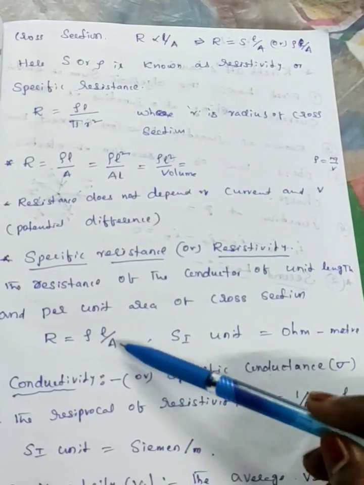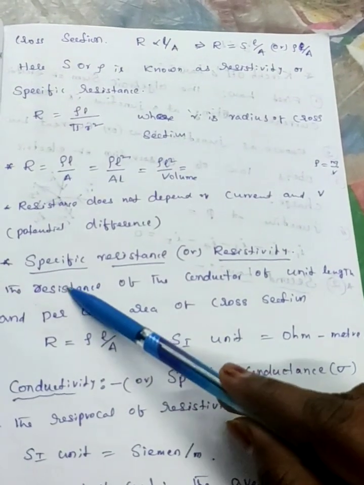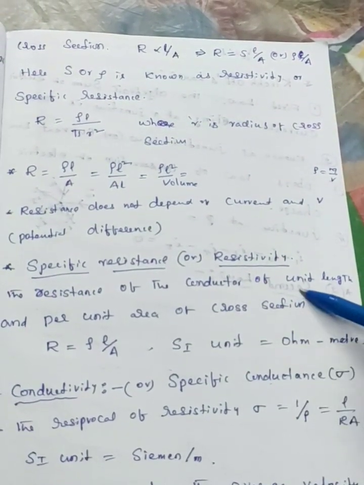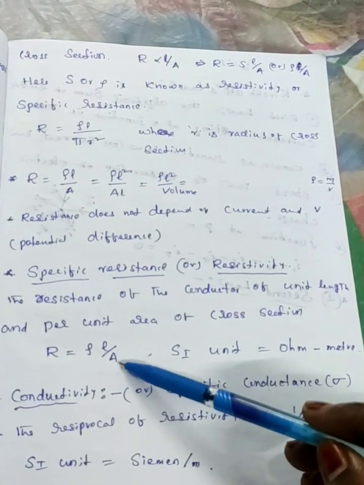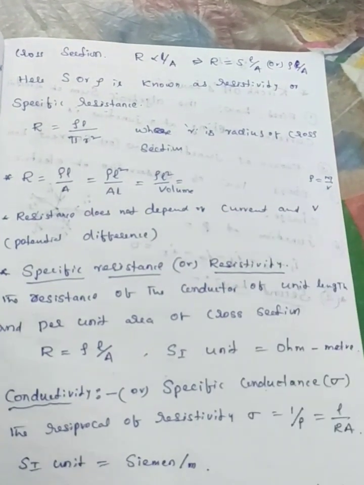RA by L only: the resistance of a conductor of unit length per unit area.